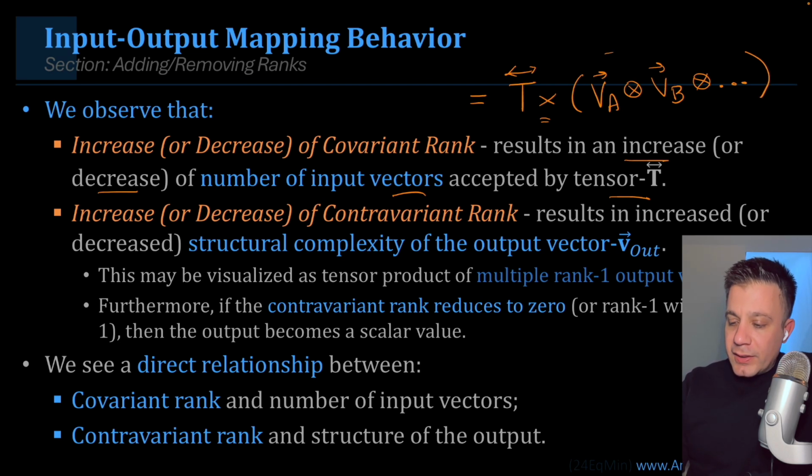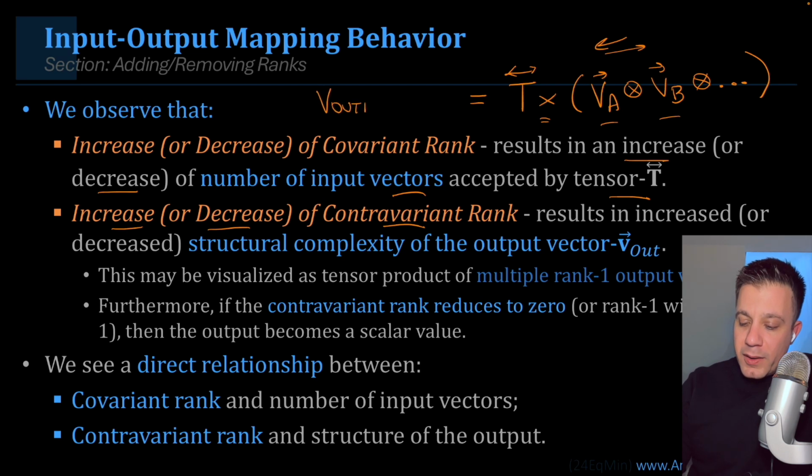So increasing the covariant rank would increase the number there, decreasing the covariant rank would decrease the number of inputs. Then we can increase or decrease the contravariant rank, which results in an increase or decrease in structural complexity of the output vector, but perhaps it's just better to say it like this.